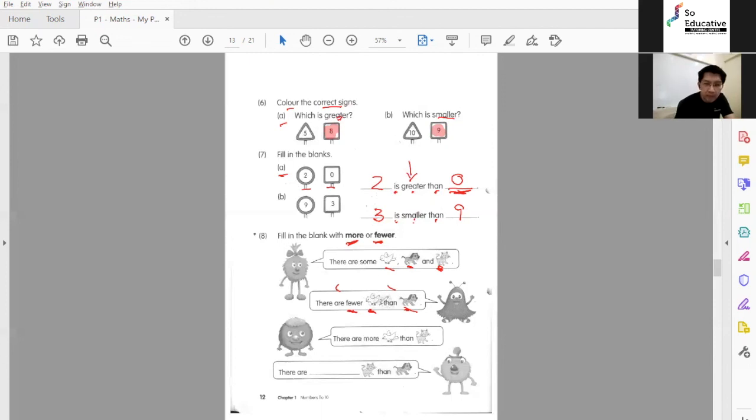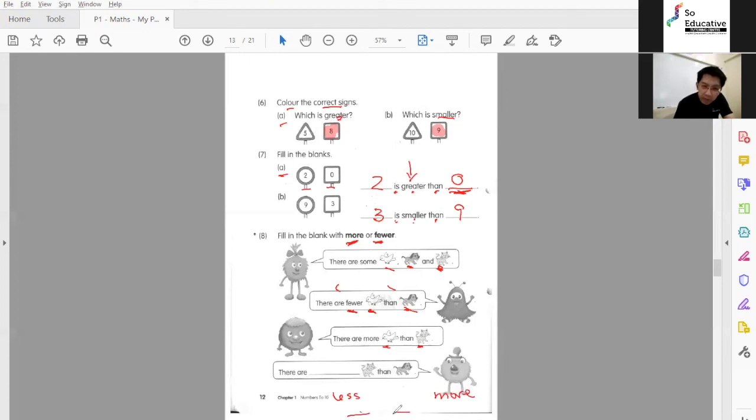Okay. So there are more birds than the cats. There are more birds than the cats. All right. So if you compare the birds and the cats, here we have less, here we have more.